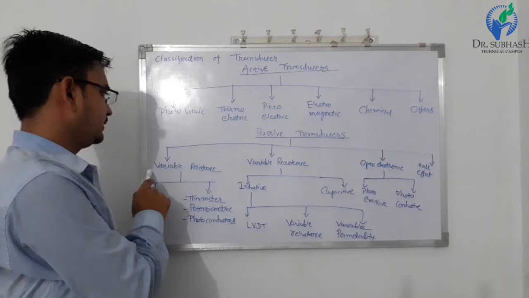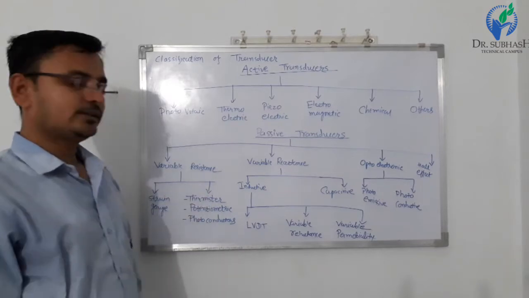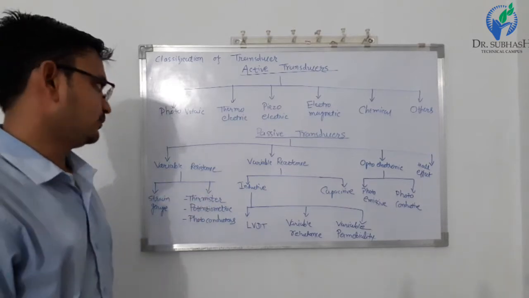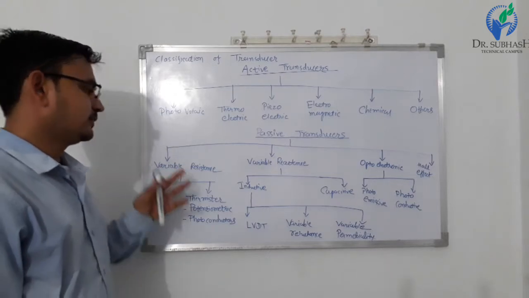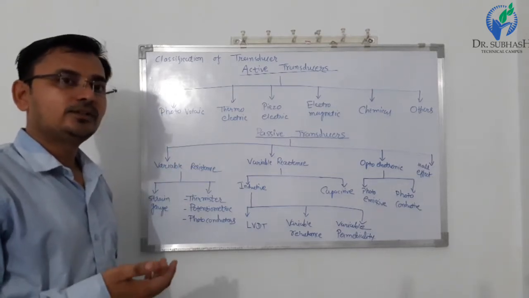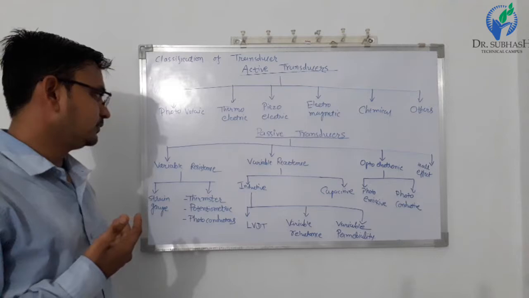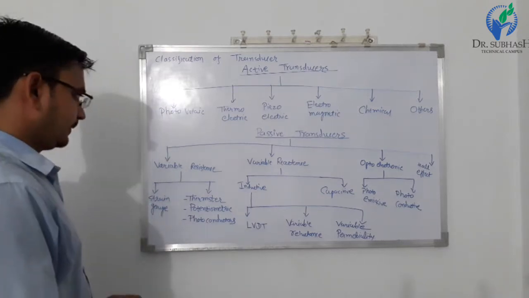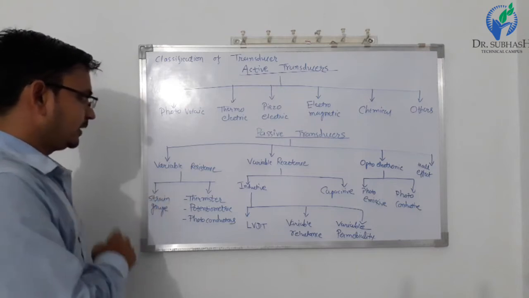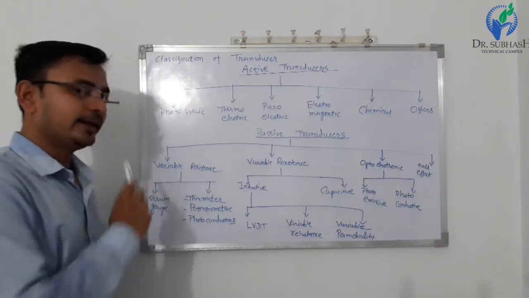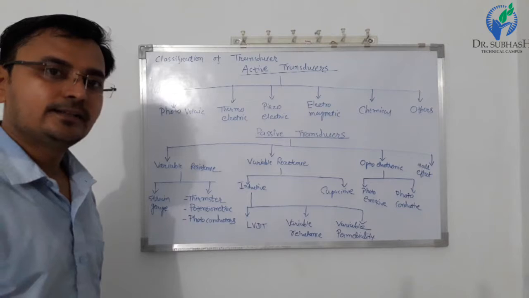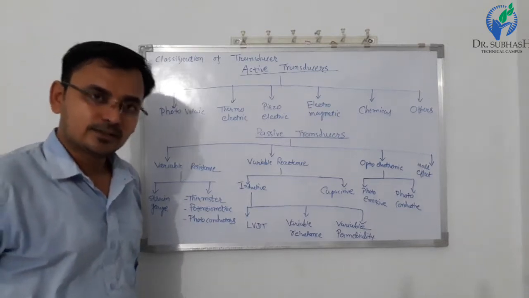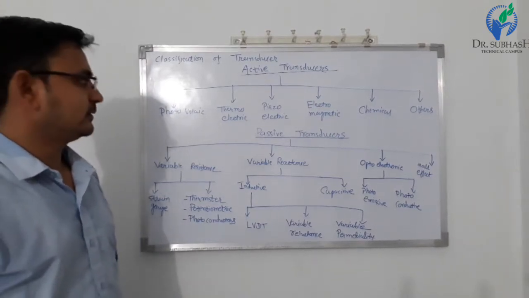First, we will see the variable resistance type transducer. Its name suggests that the principle of this transducer is based on resistance variation. One type of variable resistance transducer is the strain gauge. The strain gauge is a variable resistance type transducer and is a passive type transducer.